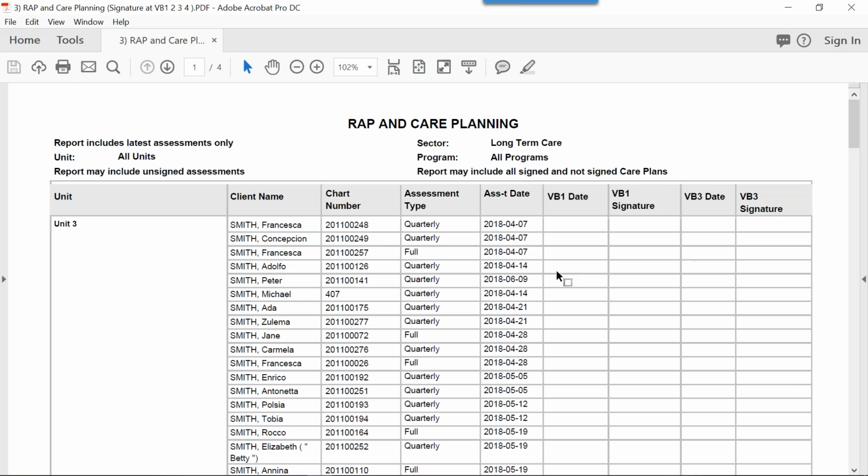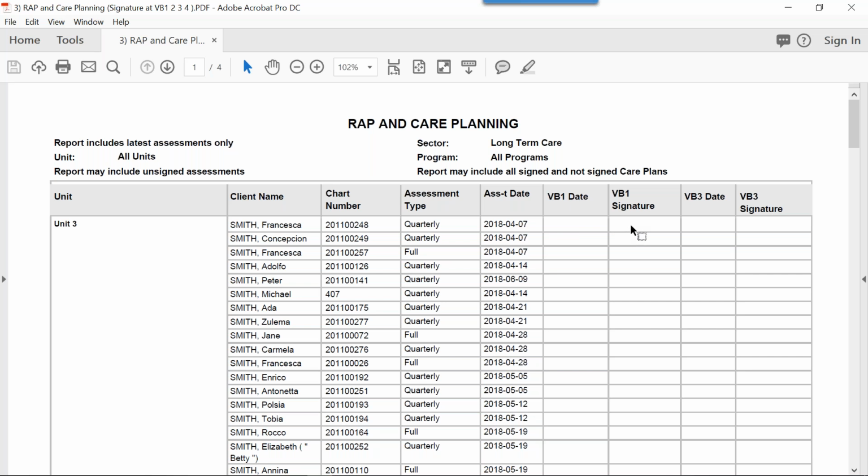And once again, I've removed the signatures from here for the people because it is real data. But you can see again for this person that in the wrap summary, when you're doing it and you're signing off, it shows you a little more detail than the last report. It gives you the assessment reference date. It gives you the date that the wraps were signed off for that person.